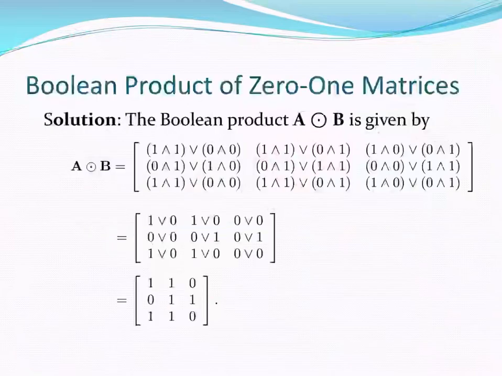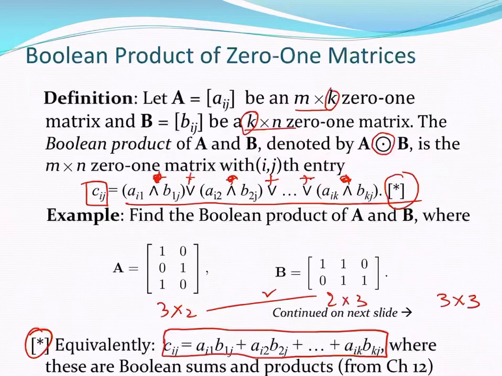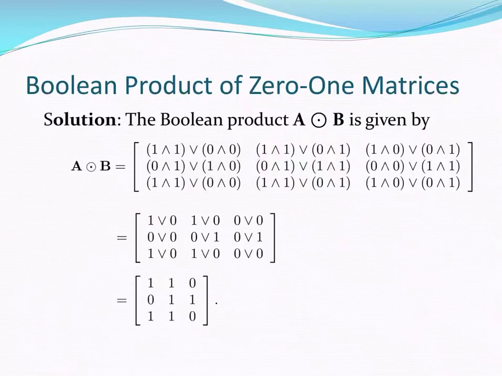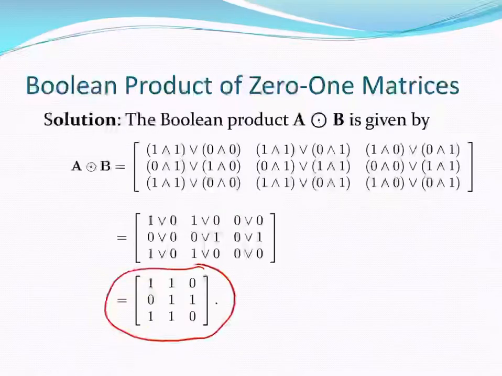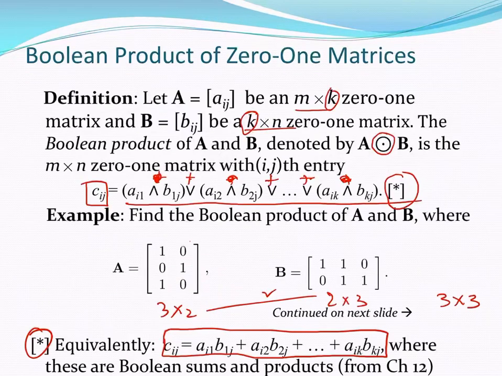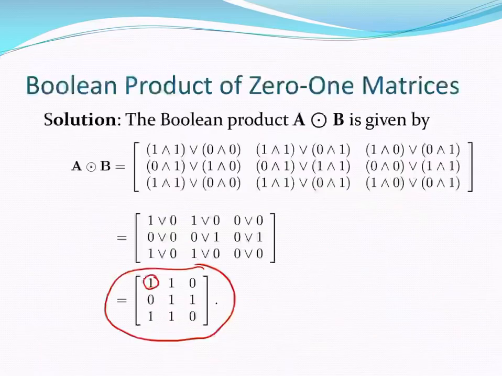All right, let's look at this. We had A and B given there, and we can see that we get a 3 by 3 matrix. For the 1 here, it's going to be equal to 1 times 1 plus 0 times 0 to give a 1 there.